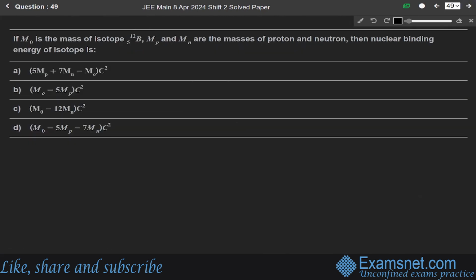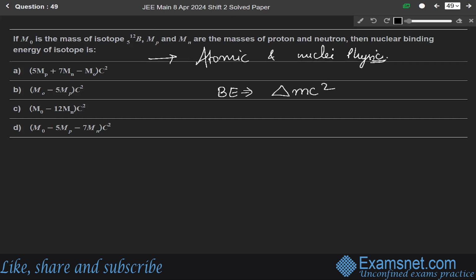Now 49. If m naught is the mass of isotope boron-12, mp and mn are the masses of proton and neutron, the nuclear binding energy of isotope is. Again, this question is from the chapter of atomic and nuclei physics. We have to find the nuclear binding energy. We know the formula for binding energy is delta m c square.